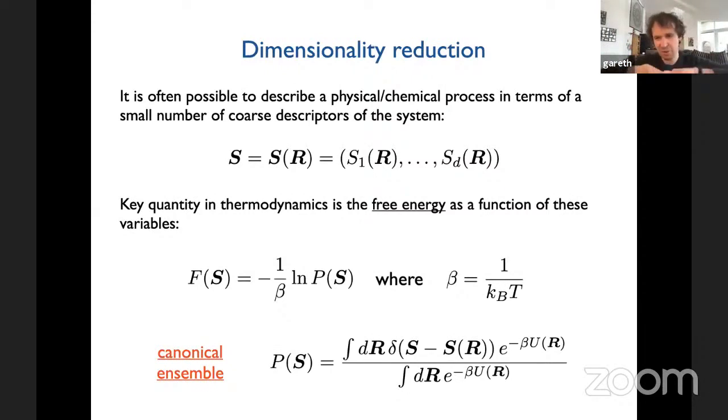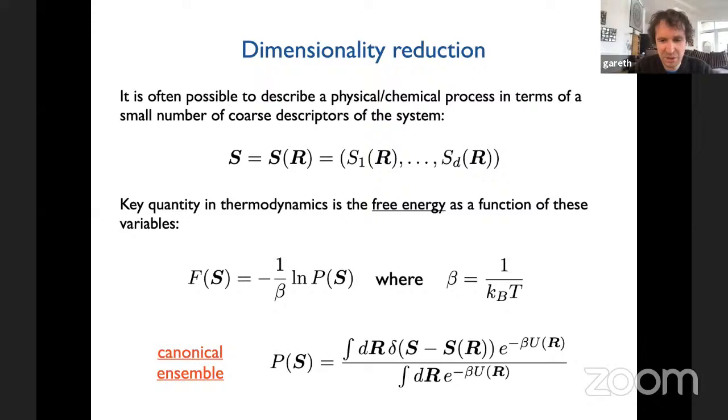So what we're going to do is we're going to try and construct the average energy as a function of these collective coordinates. That's going to be our coarse-grained representation. And the way that we're going to do that is we're going to average over all the other degrees of freedom in phase space.